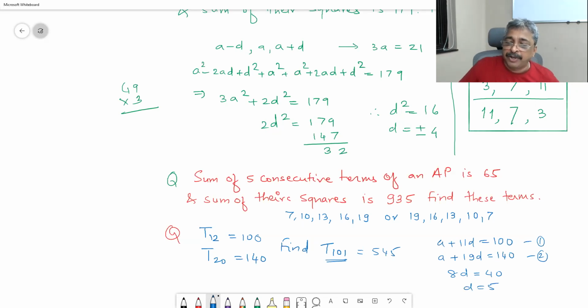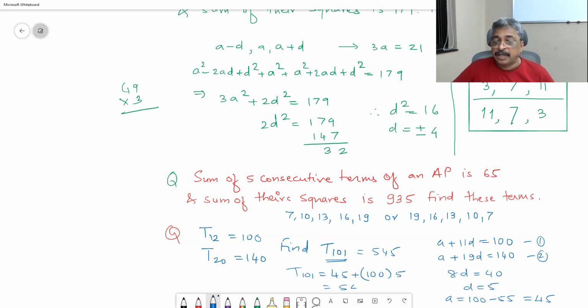If D is equal to 5, then A is equal to 100 minus 55, which is equal to 45. So if A is 45, T101 is equal to 45 plus 100 times D, which is 5, makes it 545.